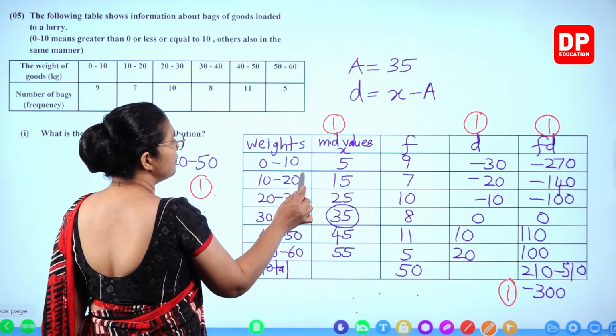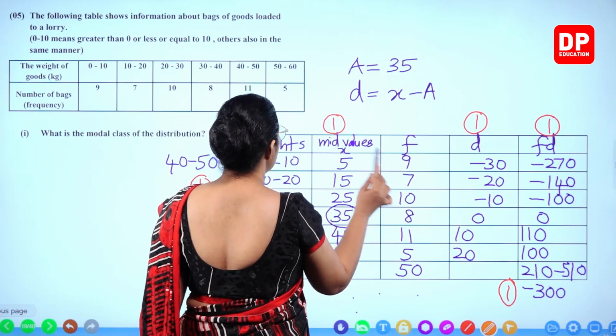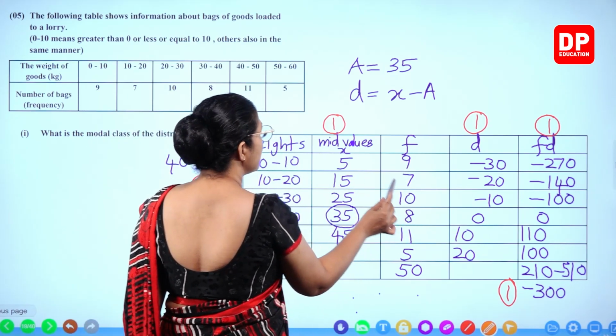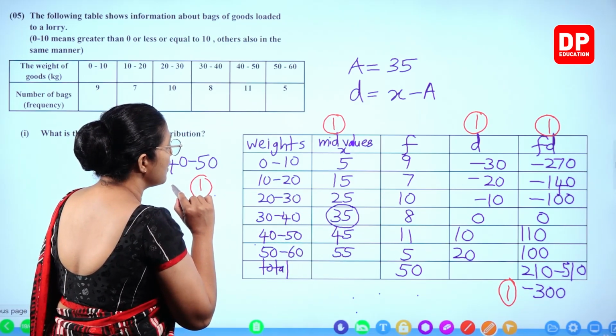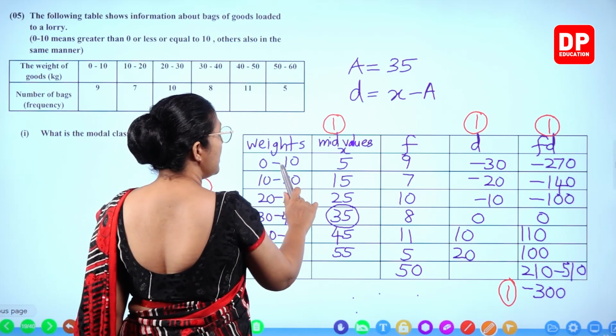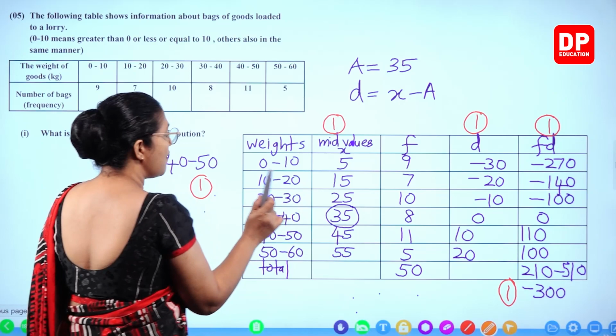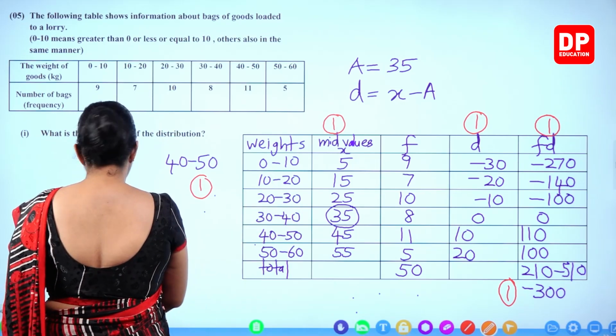If it's 10, you have to take 10 with 9, 20 with 7. So if you're taking that, what are the values? So we have to multiply 10 with 9, 20 with 7. So 9, 7, 10, 8, 11, 5.